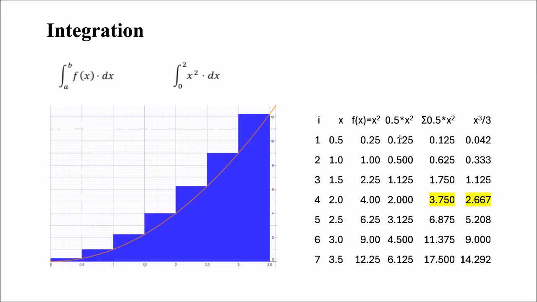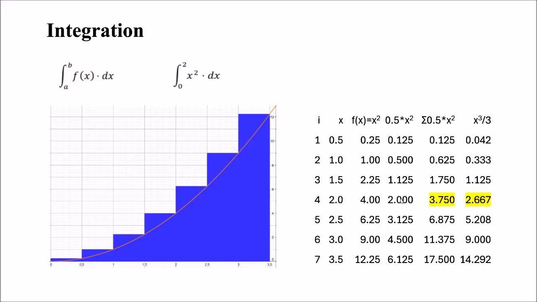Column 4 is column 3 times 0.5, i.e. height times width, so equals the area of each rectangle. Column 5 is the cumulative sum of areas of 1 to n rectangles from column 4, i.e. the estimate of the integral from 0 to b.